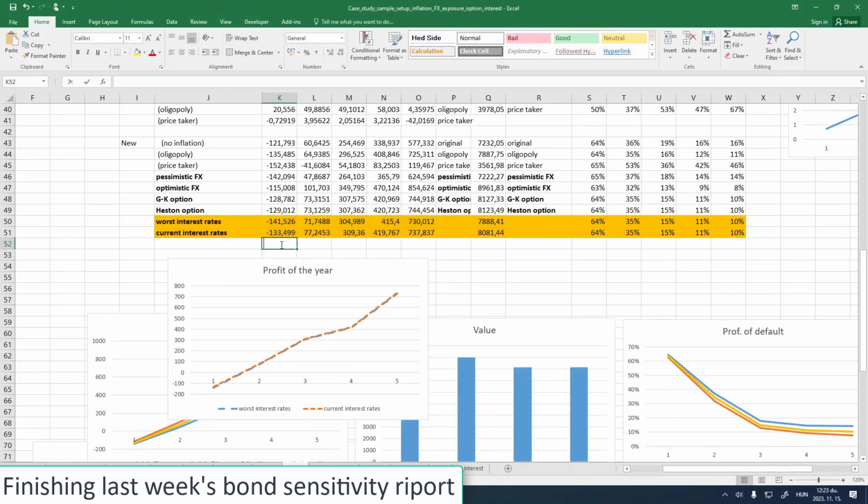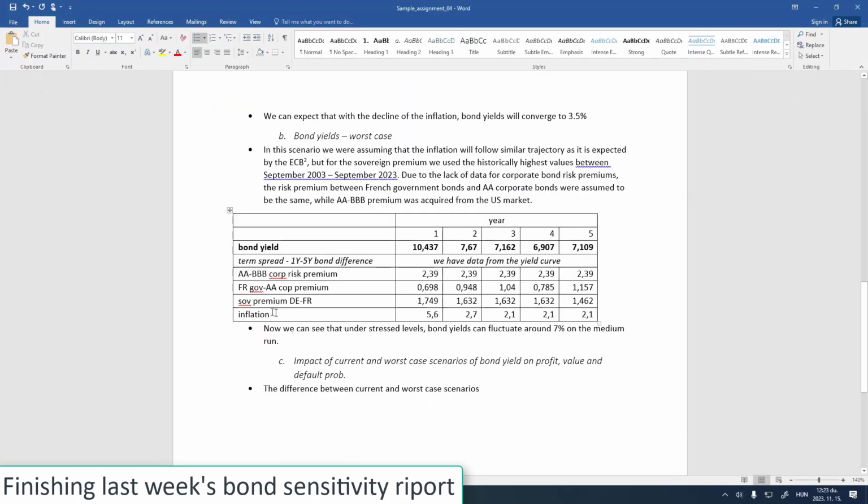Let's just take the difference. Let's take the absolute value of the difference. So what is it in actual money? Yeah, this is quite marginal. So we are talking about 30 million.